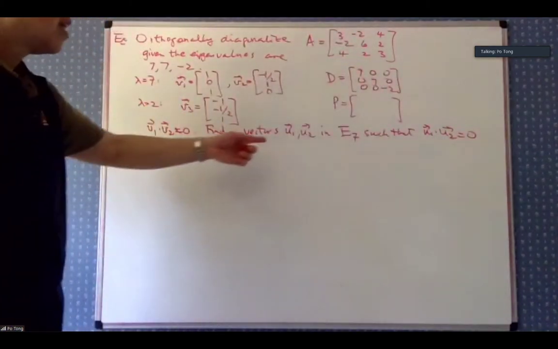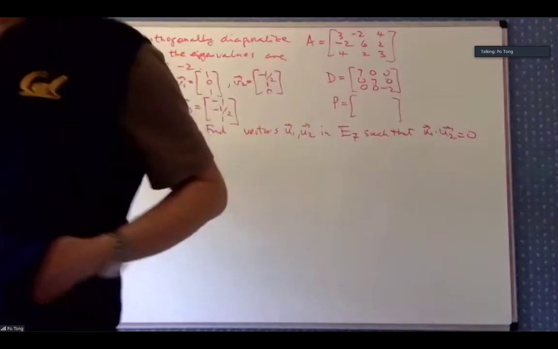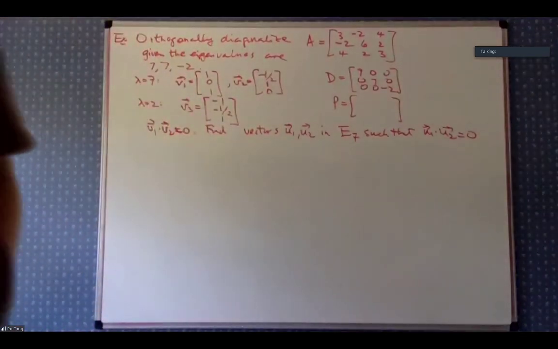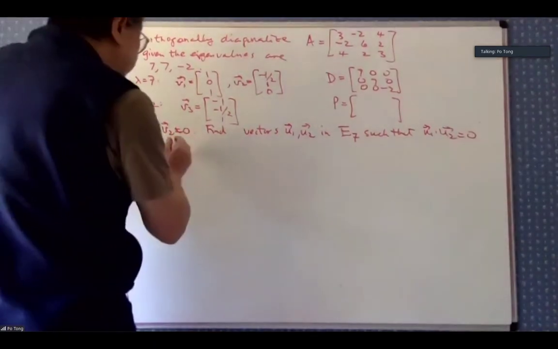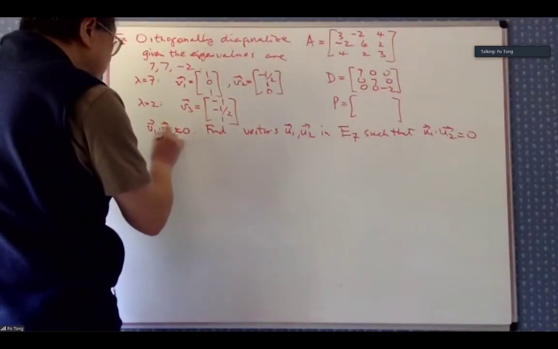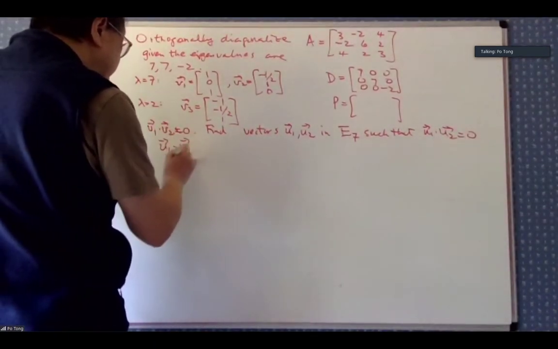So we want to find a pair that's orthogonal. How do we do that? We use the Gram-Schmidt process. So U1 is going to be equal to V1.